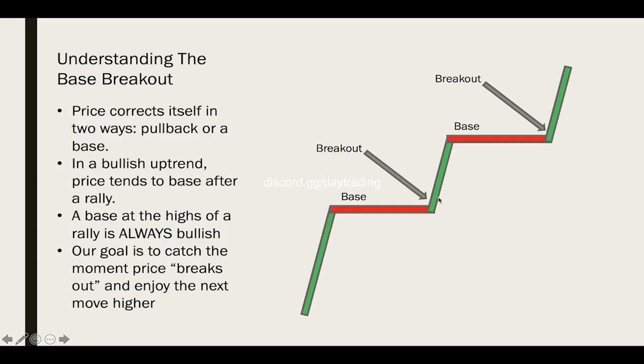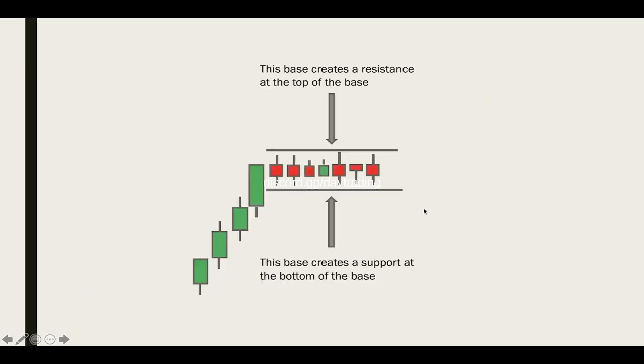Just remember, guys, during this process, price is correcting itself. As soon as it's done with the correction, we're ready to continue higher, and this is where we're buying it.